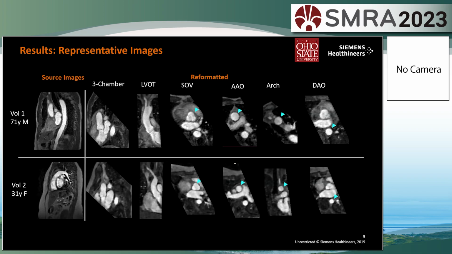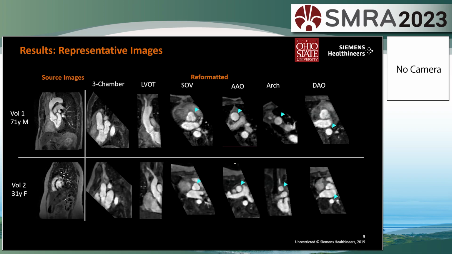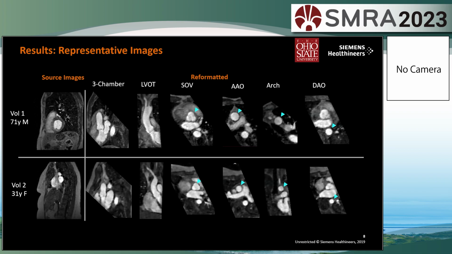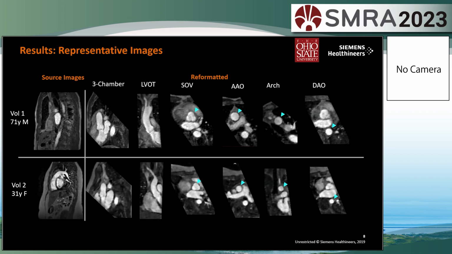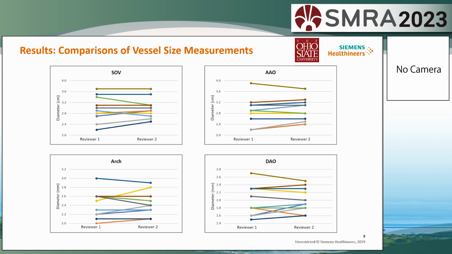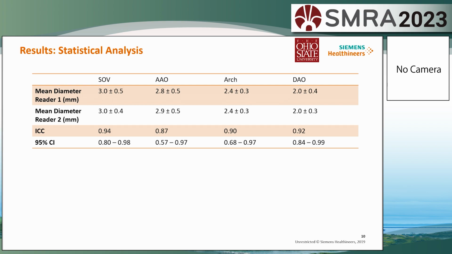We can see the aortic valve is clearly depicted in the 3-chamber and LVOT, and also the vessel at different locations is not blurred. Here are the comparison results of vessel size measurements at the 4 different locations from 2 experienced reviewers. The ICC scores demonstrate that agreement between the 2 reviewers is good, a very good agreement between the reviewers.